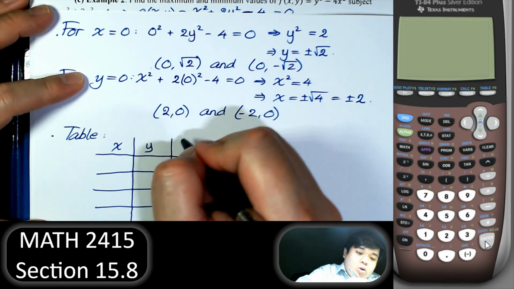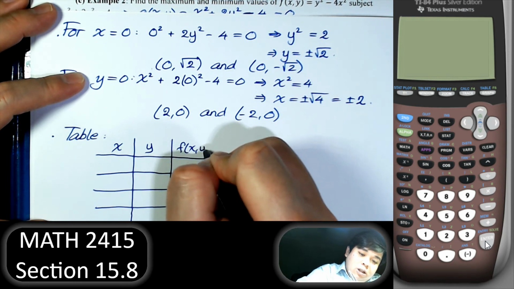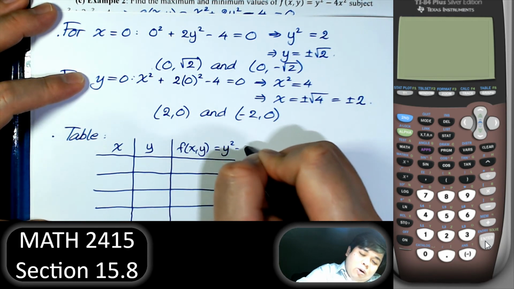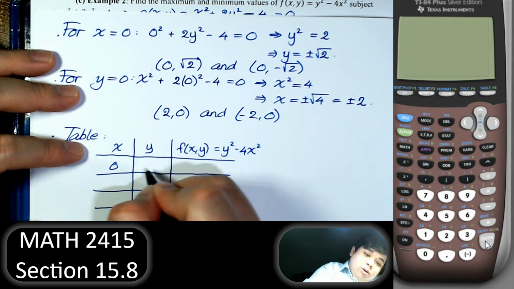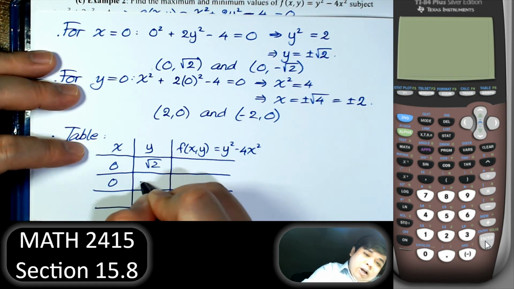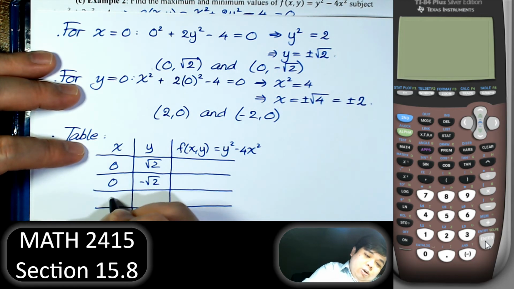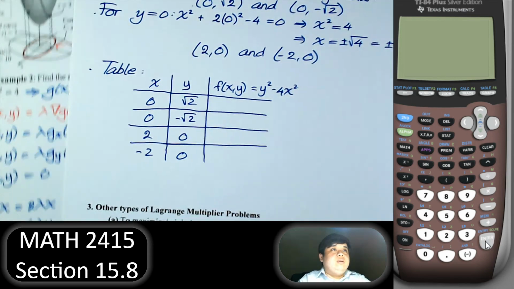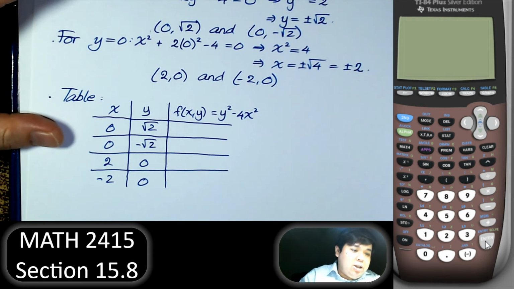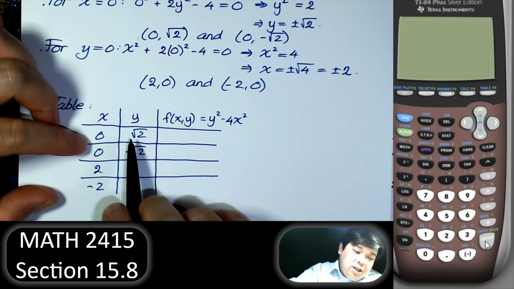The function we will try to maximize or minimize is y squared minus 4x squared. The points are (0, square root of 2), (0, negative square root of 2), (2, 0), and (negative 2, 0). Right. Now this should be easy.